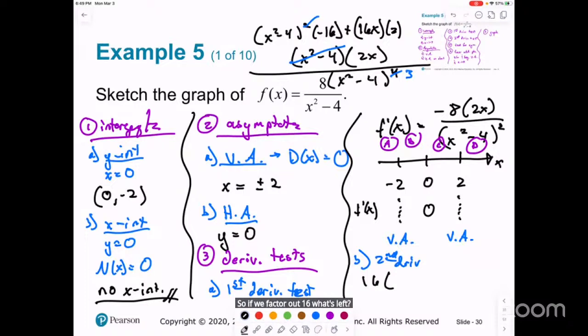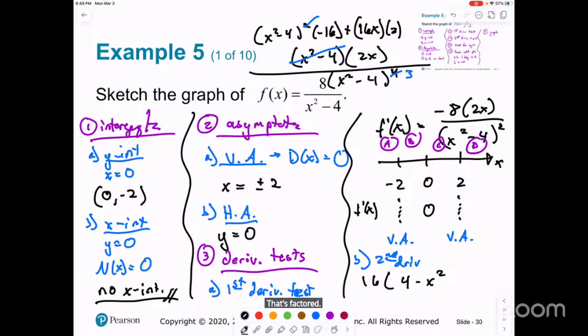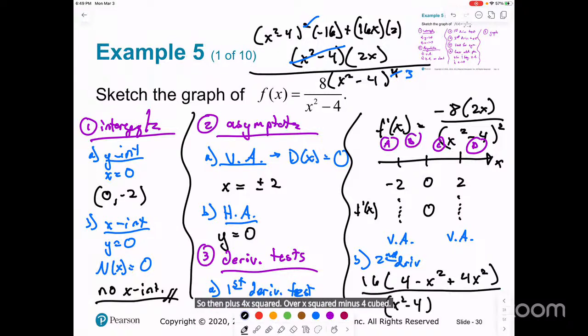We're going to have 4 minus x squared, because we have to account for that negative. That's factored. Then plus 4x squared over x squared minus 4 cubed. Okay. So that's a 3x squared. I'm just going to change it here. So this now becomes 3x squared plus 3x squared. Okay. And honestly, this is fine like that. That should be good. Hopefully that's correct.